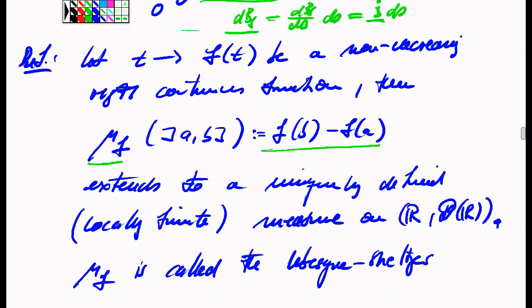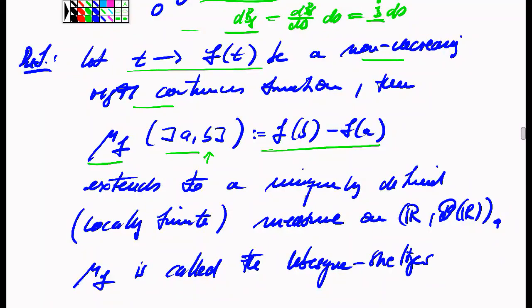And if we want to tell the story by starting from the functions, we have the following definition. Let f be a non-decreasing right continuous function. Then we can introduce a measure, starting with very simple sets on which we want to define the measure.